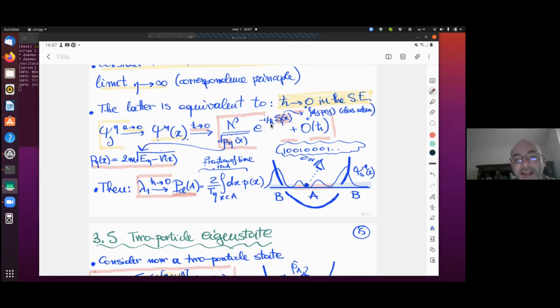Or, if you want, that's really your choice: you can think of h bar going to 0 as a parameter, and that will produce the same stationary phase approximation of the wave functions, that is, of integrals involving the wave function, because that is what you really need to compute.